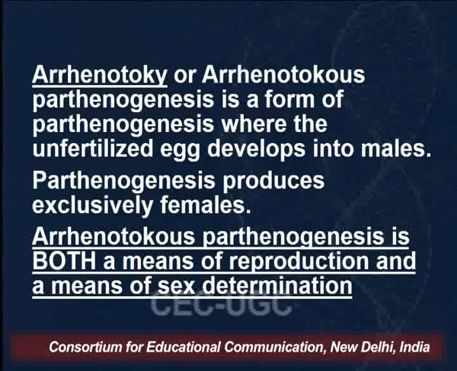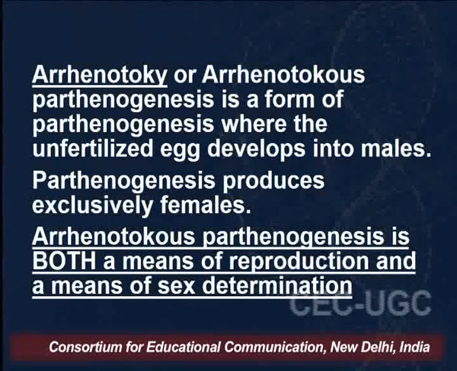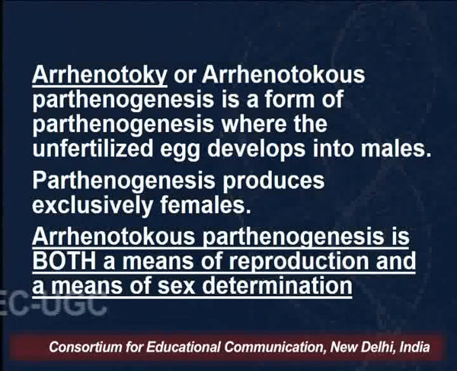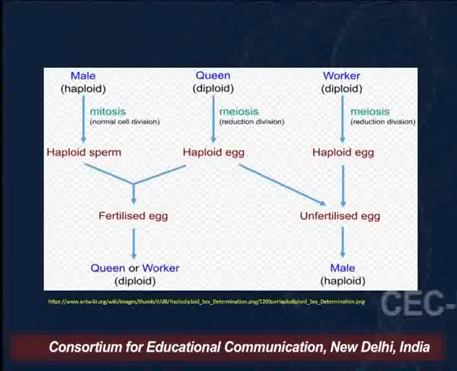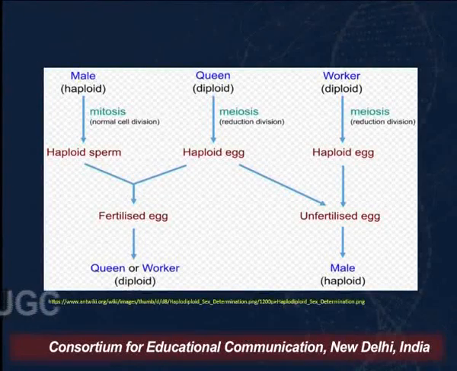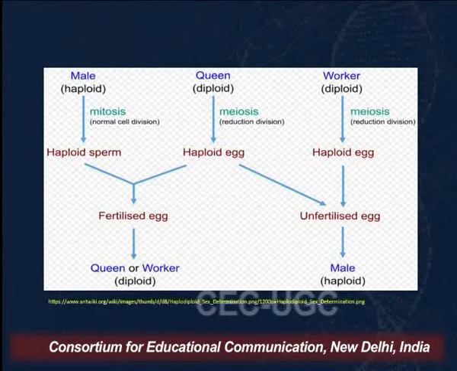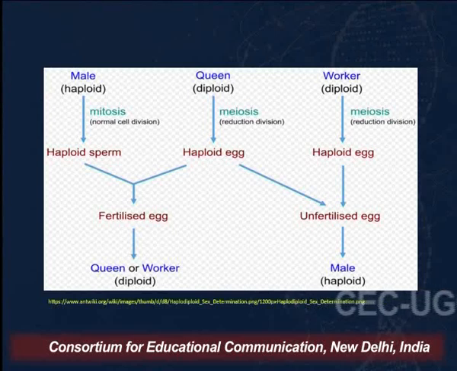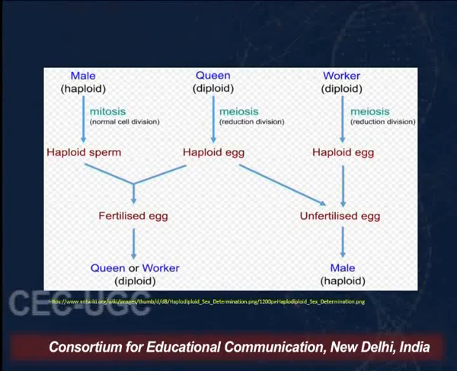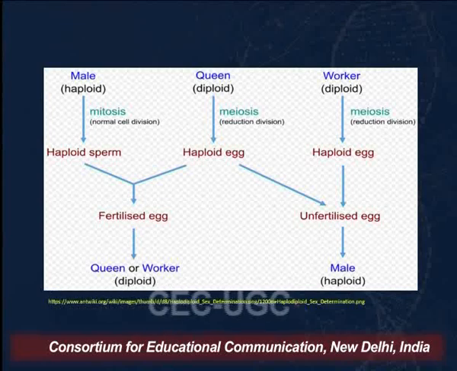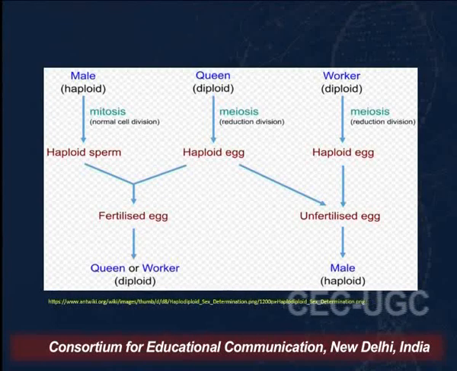So, in other words, when it is developing into a male, this type of arrhenotocous parthenogenesis is a means of reproduction, but it is also a means of sex determination. And on your screens you will find a summary chart of how the queen behaves and how a worker, who is also diploid and a female, also works to give rise to the arrhenotocous male.